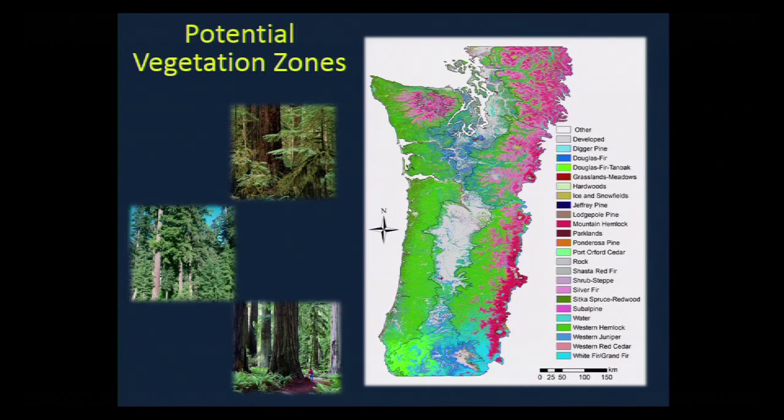So we've used these concepts of broad gradients in temperature and precipitation, as well as soil and landform characteristics, to identify biophysical environments. And we've named those biophysical environments by the dominant overstory tree that would exist there given no disturbance. This is a map of the potential vegetation zones, as they're called, across the western part of our region.